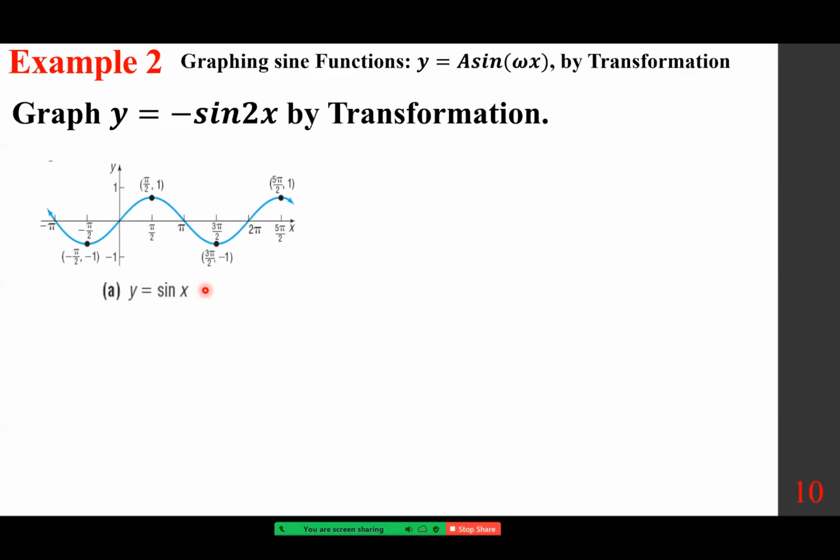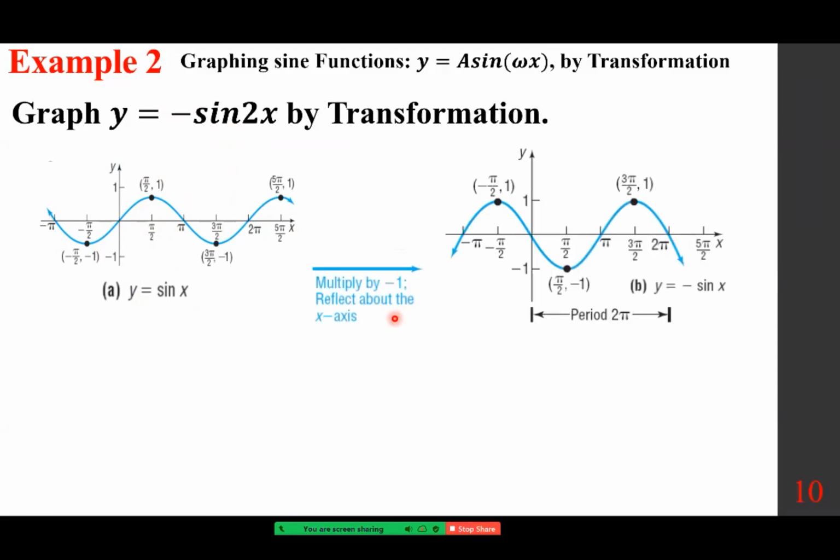There are two things that will happen: this -1 and this 2. The effect of -1 is that the function gets multiplied by -1. That means you flip this over with respect to the x-axis. Multiplication by -1 means reflect about the x-axis.